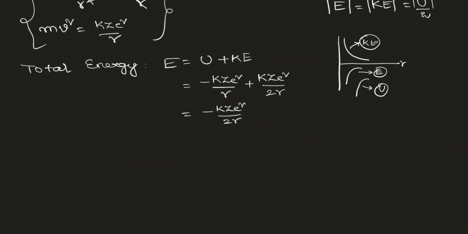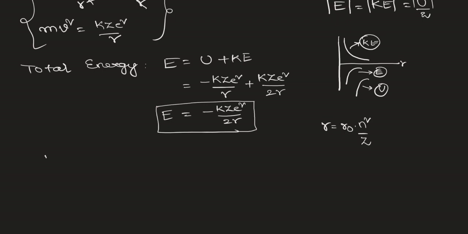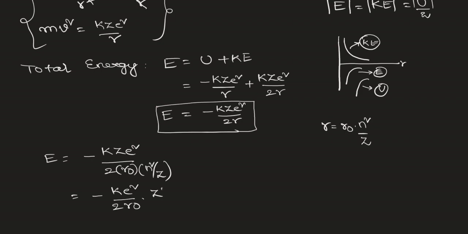Now from this equation, as energy is minus kZe square by r, we have r is equal to r naught into n square by Z. If I substitute that over here, this will be equal to minus kZe square by 2 into r naught into n square by Z, or this will be equal to minus ke square by 2r naught into Z square by n square.